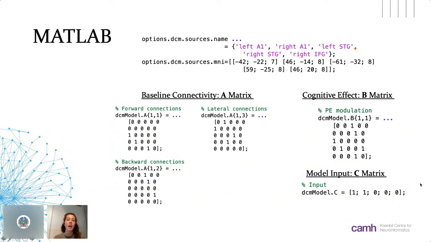And this represents, as Andreea talked about, the input entering our system. So it's just a vector, and it has the same number of elements as the number of regions in our model. So in our case, it's 5. And we are assuming the input enters the primary auditory cortex, the lowest level region. And what we'll get from DCM are these connectivity parameters of the B matrix estimated for each subject. And then we can examine these using different statistical analyses.